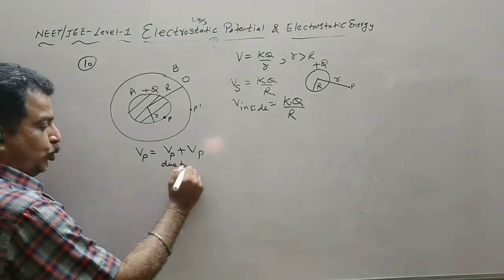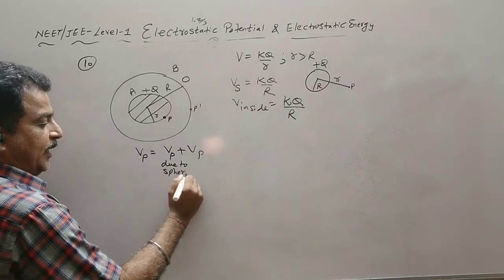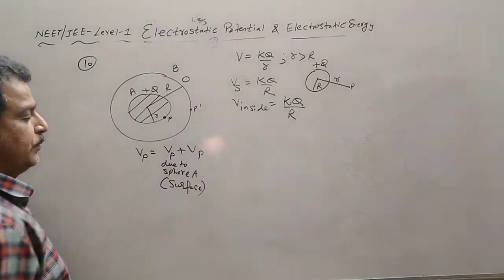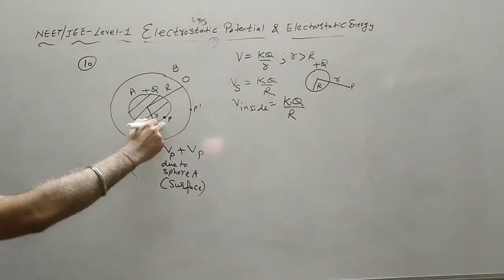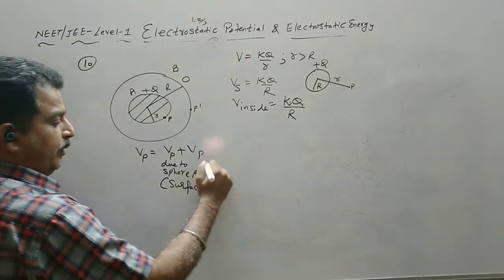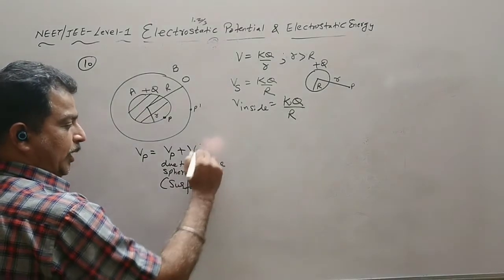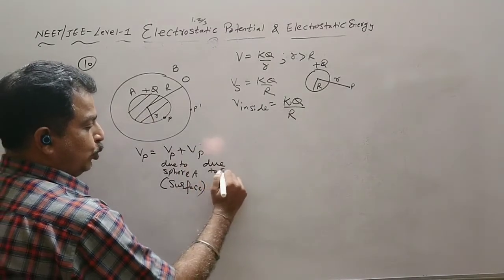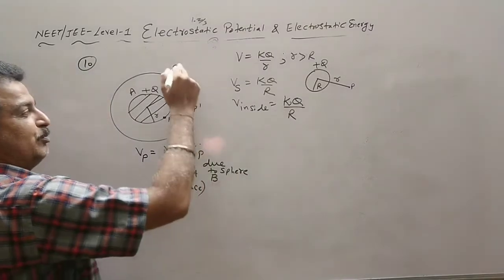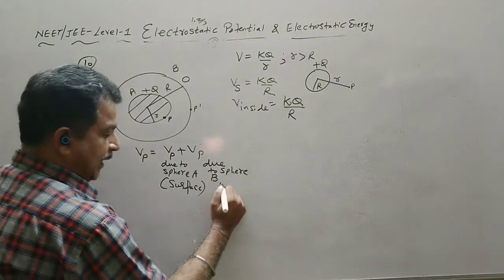Vp due to sphere A, that is, we apply the surface formula. So potential at P due to sphere A, that is its own surface. This Vp will be read as potential at P due to sphere B. And for sphere B, point P is inside.